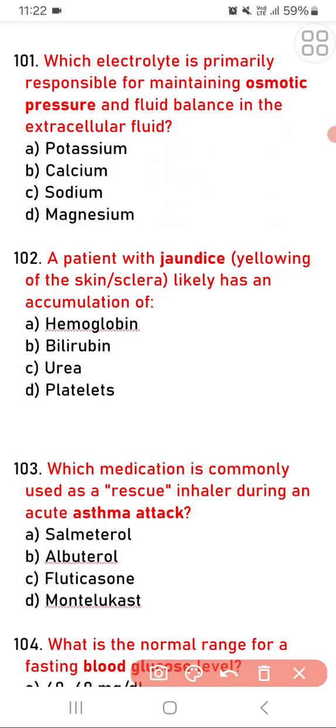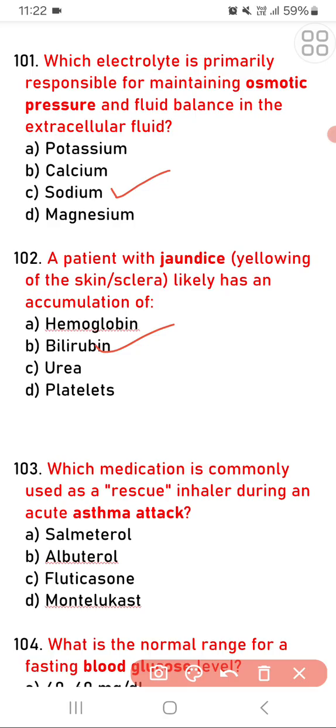Which electrolyte is primarily responsible for maintaining osmotic pressure and fluid balance in the extracellular fluid? Sodium. A patient with jaundice, yellowing of the skin or sclera, likely has an accumulation of bilirubin.